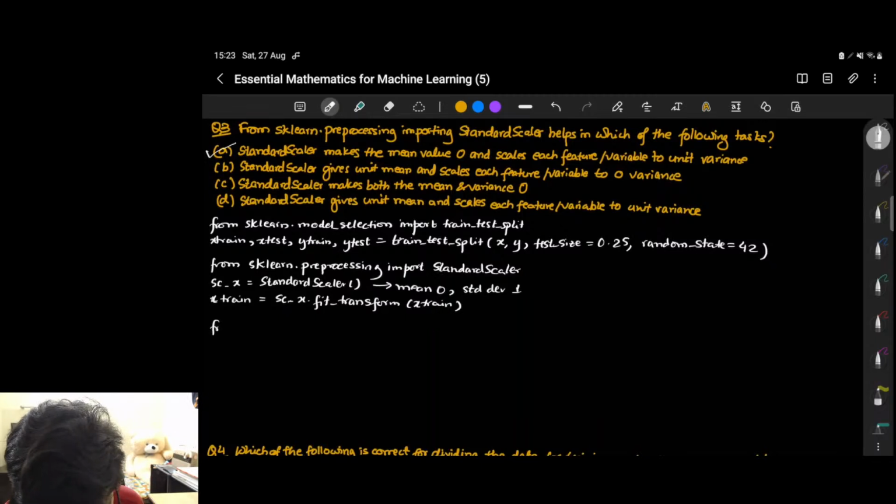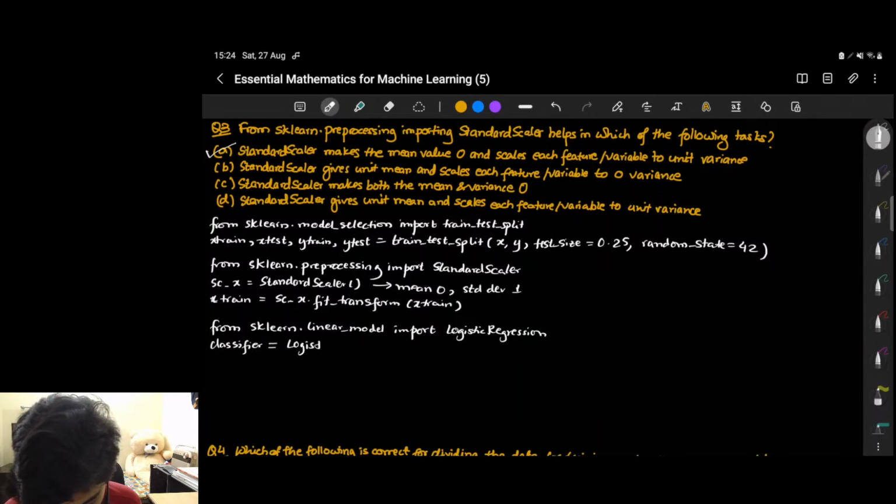Once you have done that, you can go to your regression. With the scaled data that you have, you will apply the regression models. Let's say we want to apply logistic regression. So it is a classification problem, logistic regression.